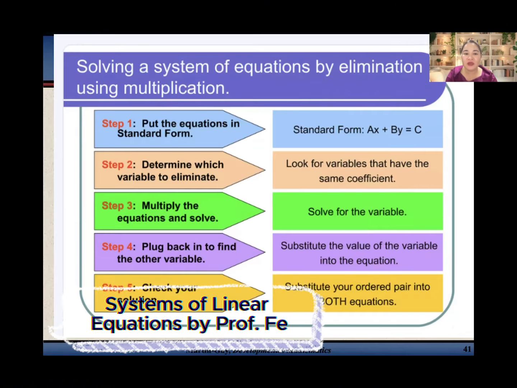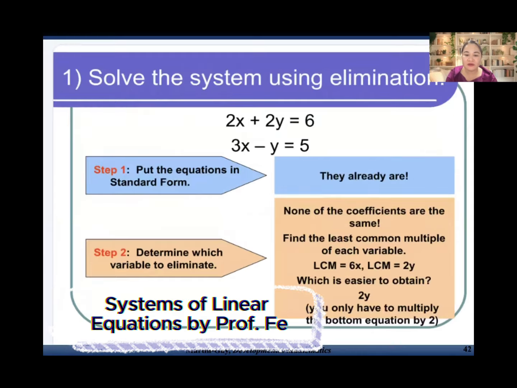Okay, this is checking. So far we have solved systems of equations by the elimination method. You're familiar with this one. This is an example: 2x plus 2y is equal to 6, and 3x minus y equals 5.